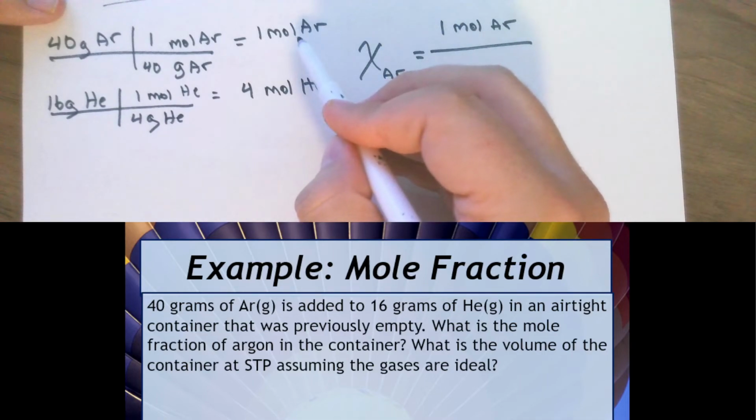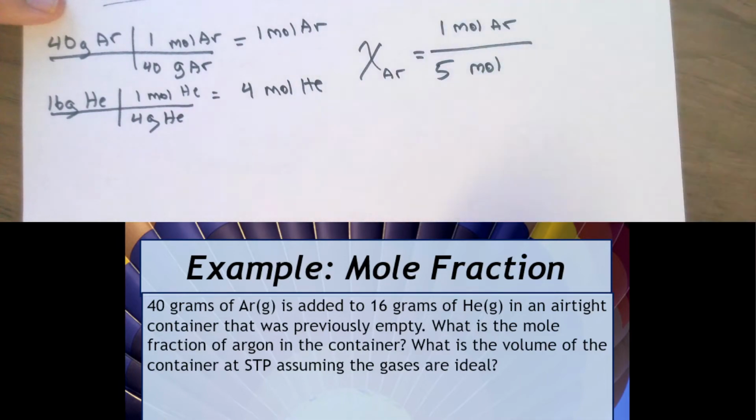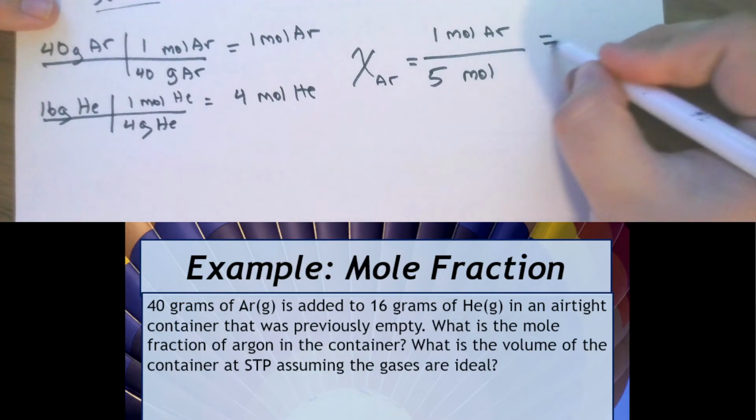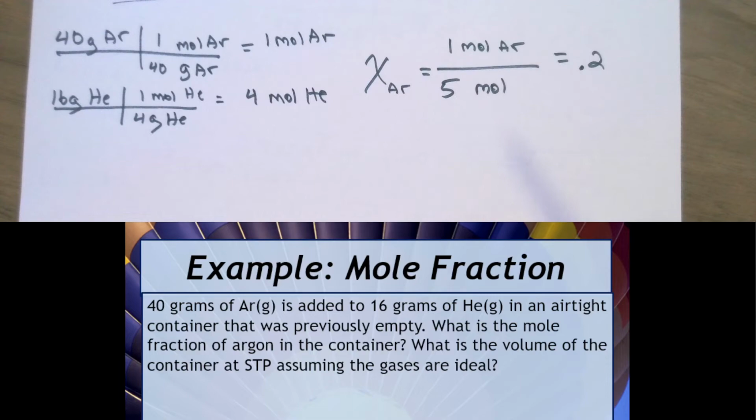Well, I have 1 mole of argon, 4 moles of helium, so I have 5 total moles. 1 divided by 5, 0.2. My mole fraction of argon in this problem is just 0.2. Remember, this one you don't times by 100. It's not mole percentage, it's mole fraction. So leave your answer as a proportion.